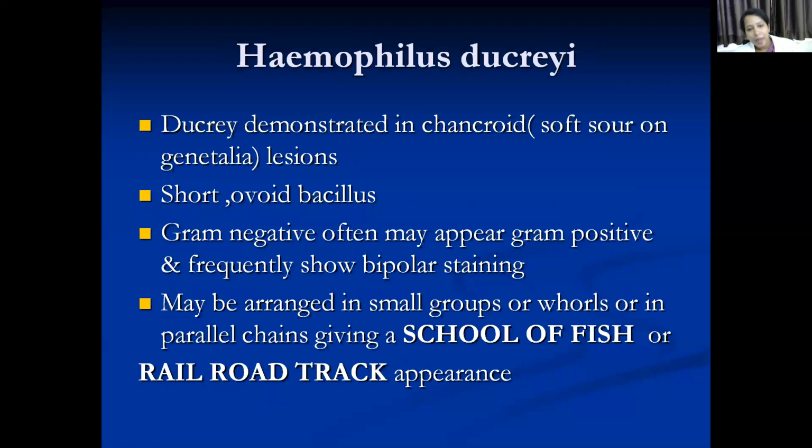Then another species of Haemophilus, Haemophilus ducreyi, is also an important one. Ducreyi causes chancroid, a soft sore on the genitalia.